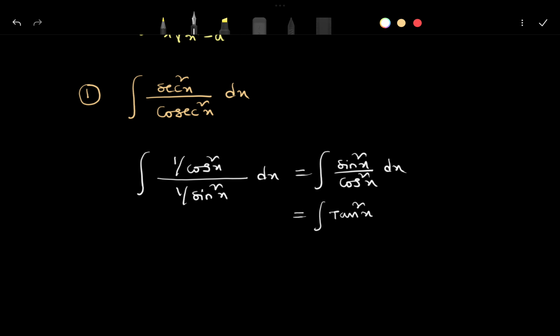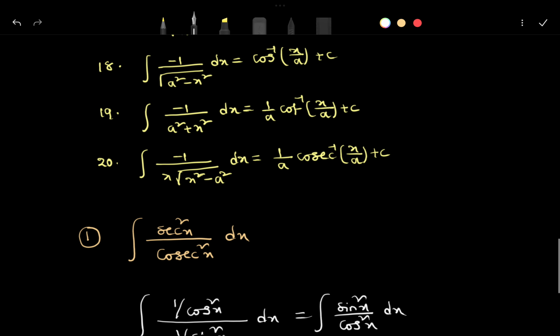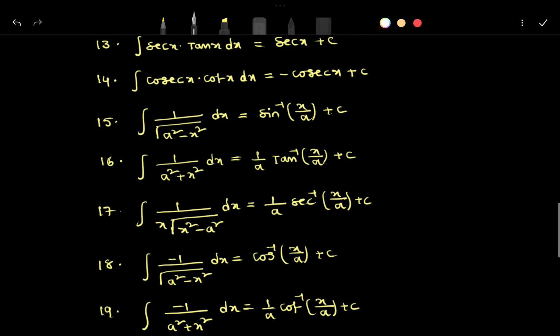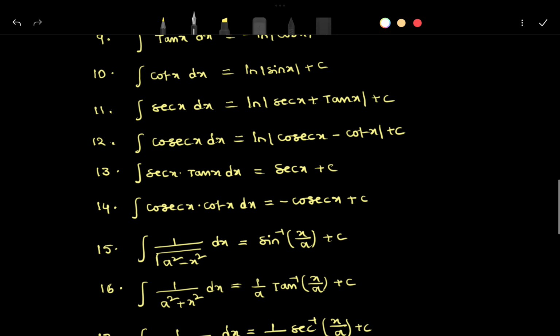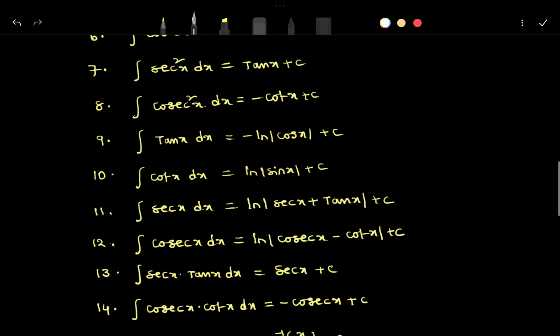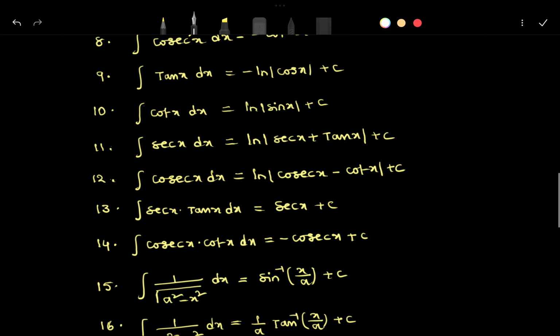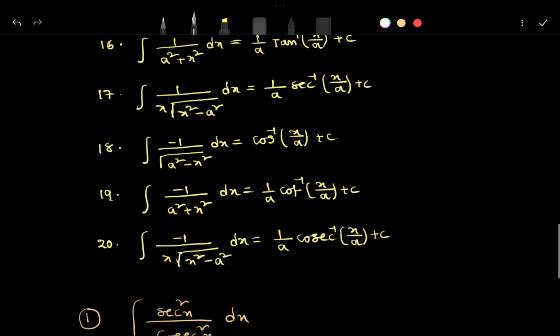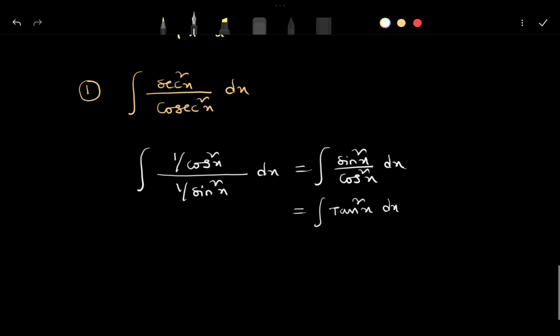All of you observe this one. We know some standard formulas in integration. Now in the above list, do you have the integration of tan square x anywhere? The integration of tan x is there, but the integration of tan square x is not there. So how can we find the integration of tan square x?